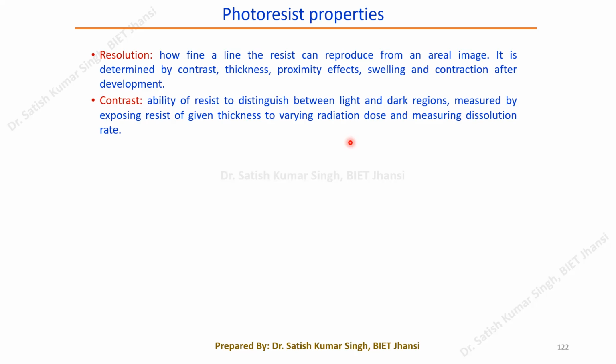Obviously it is going to decide the dissolution rate, because if you change the amount of exposure, like for how long you are exposing your wafer, that is going to decide the dissolution rate, what will be the dissolving rate of your photoactive compound after exposure. So we have to keep in mind the contrast, how high the contrast of the photoresist should be, so that you can distinguish between light and dark regions.